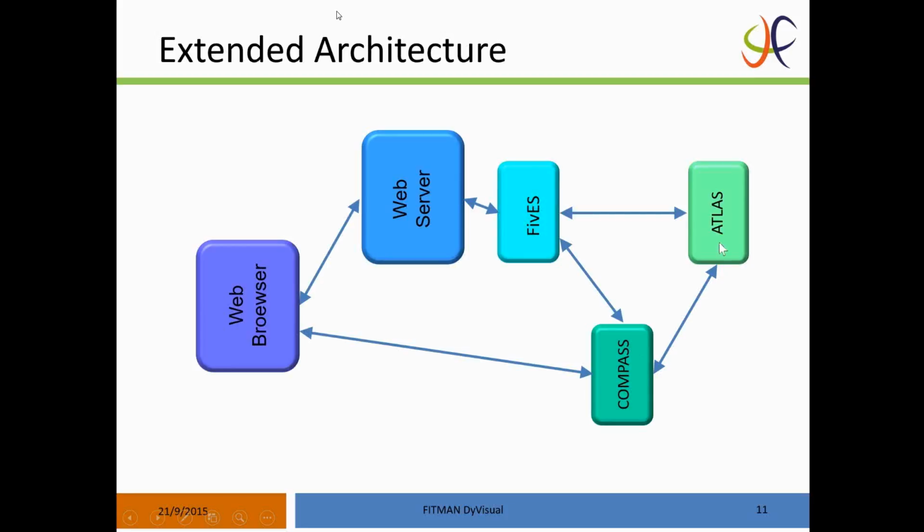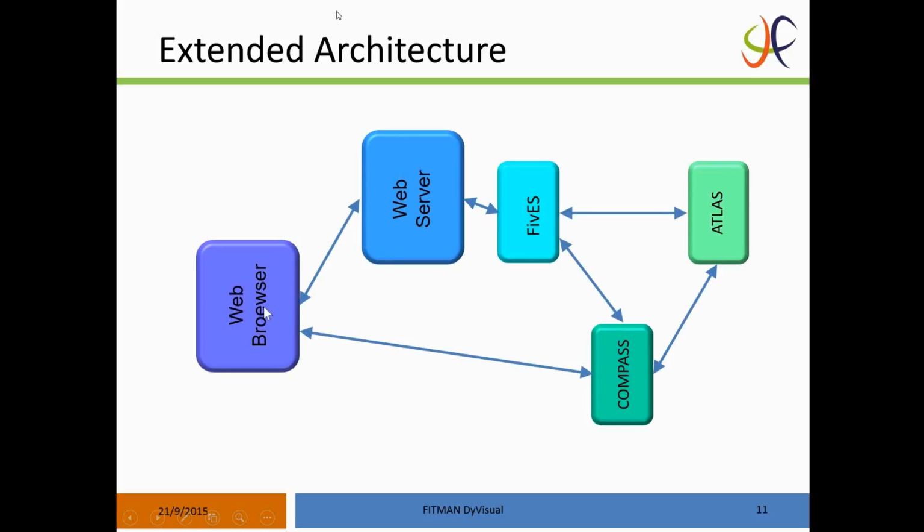And in the back, Atlas provides those assets, as we call them, for the scene. So Atlas is hiding in the back, maintaining all the 3D content, and Compass is putting it together, and then you can provide it to FIVES to actually display it in the browser.